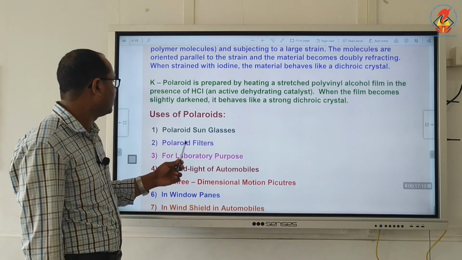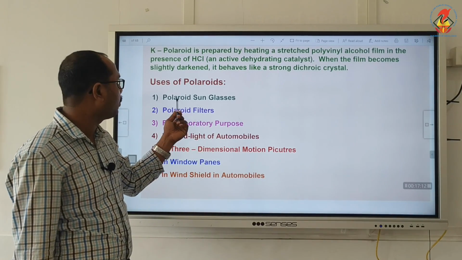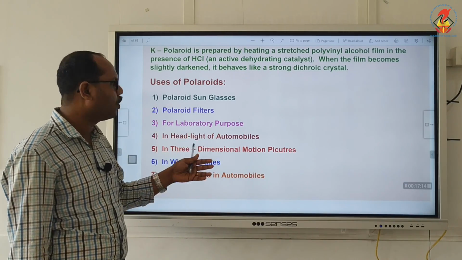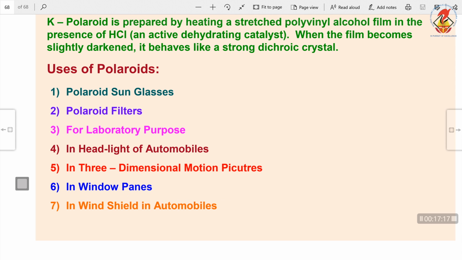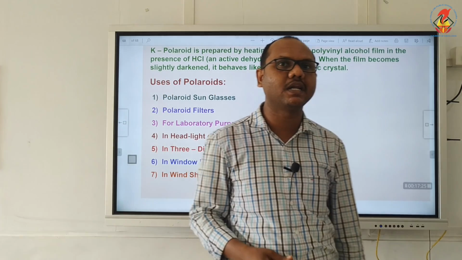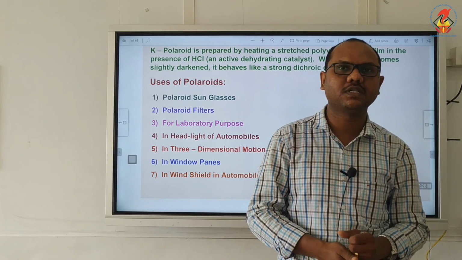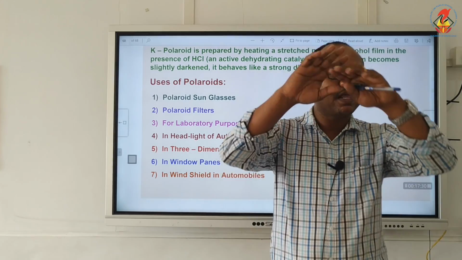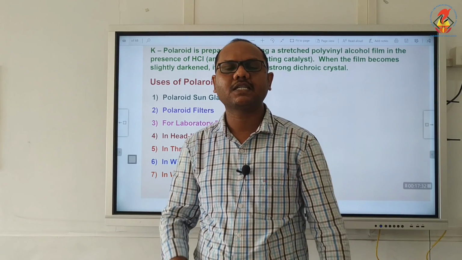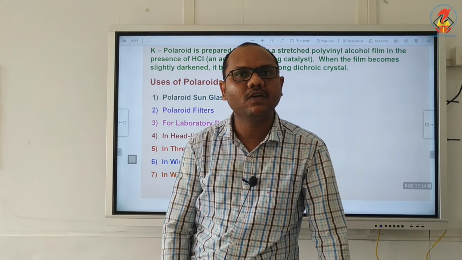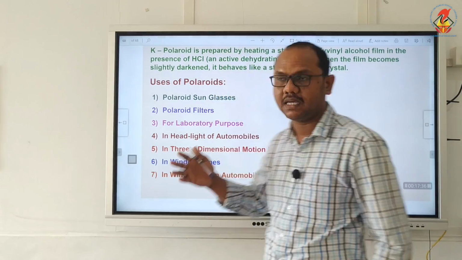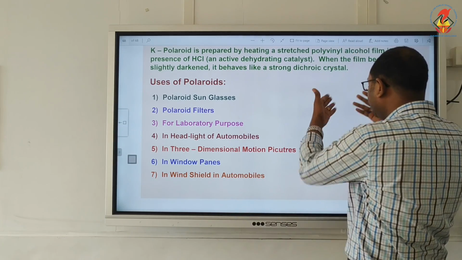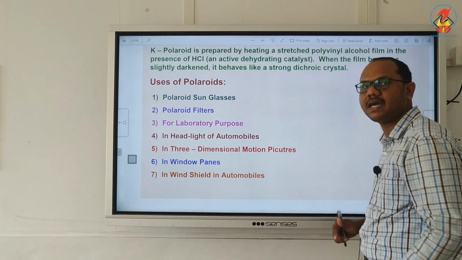Now you can see uses of Polaroids. Polaroids are used in sunglasses, Polaroid filters, laboratories, headlights of automobiles, three-dimensional pictures. To view a 3D movie, they give you a glass. That glass is actually a Polaroid. Then in our LED TV, the front glass is actually a Polaroid. That is why you can watch this TV from here and there is no problem for the eyes.